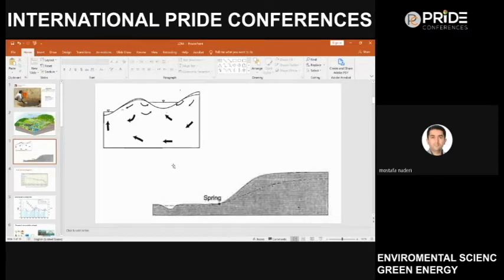So the water resource has two main functions: one portion needs to be left for the ecosystem and a portion left for humans.